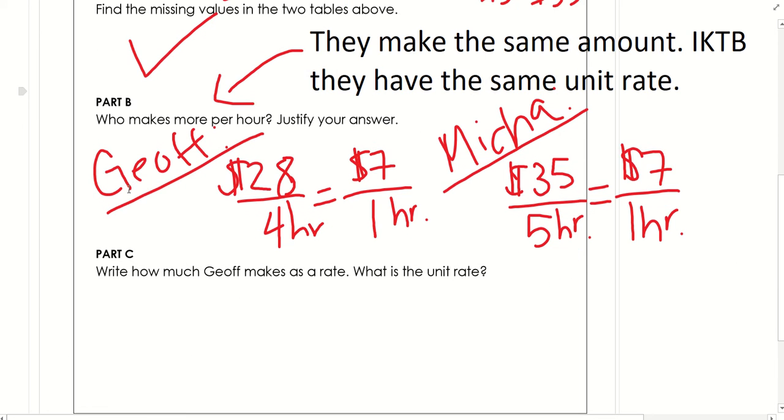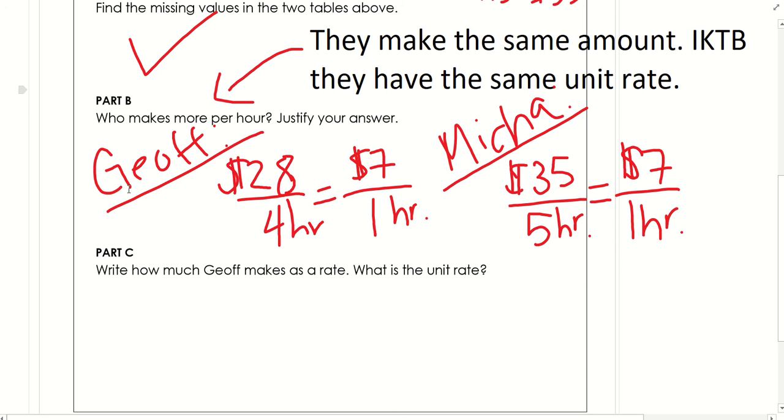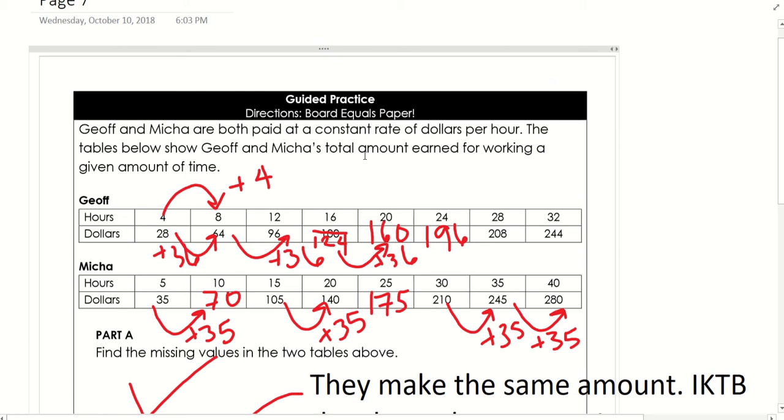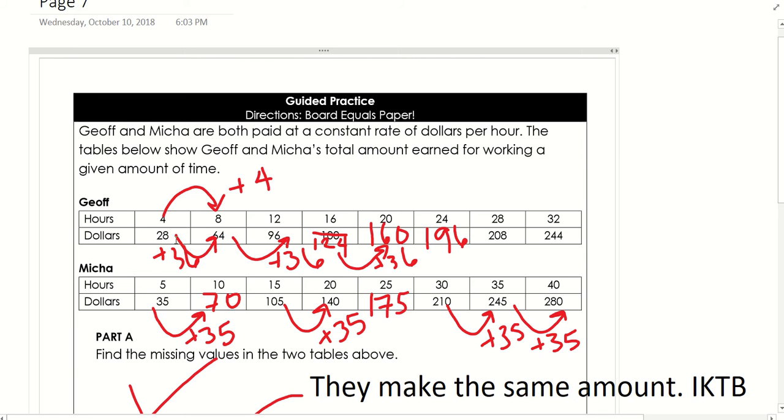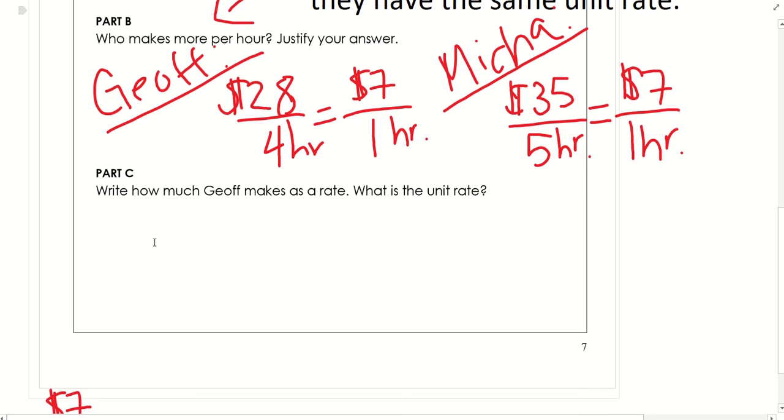So Jeff makes $7 per hour. We know this because we found that, again, by looking in the first line of our table. If you're trying to find unit rate, you look in the first line of your table and you divide.